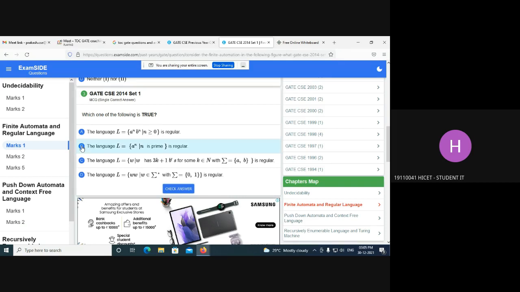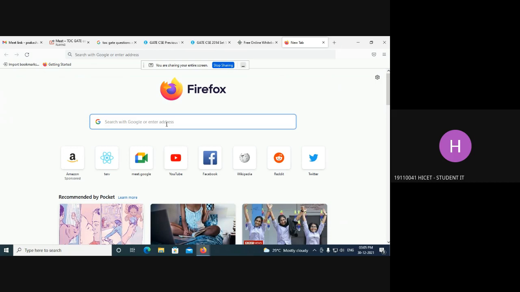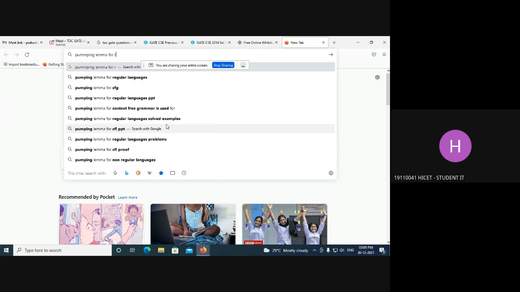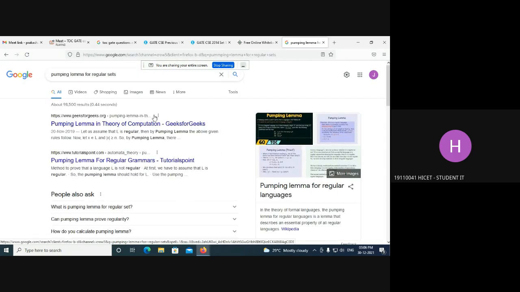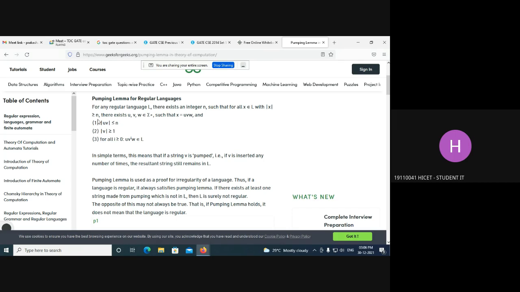B. The correct answer is C. So here, let me show the answer for this. L equal to, this is the definition.